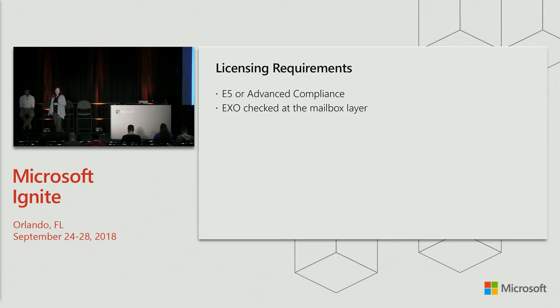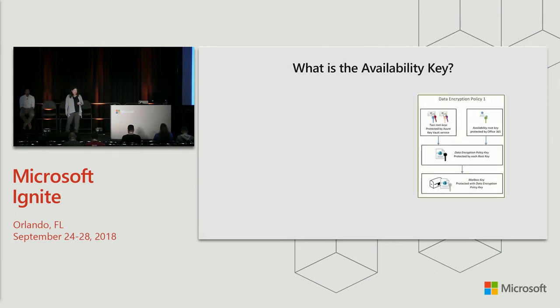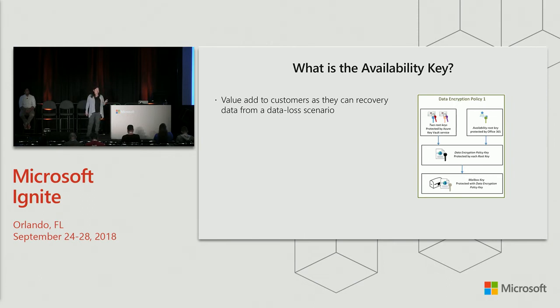I get a lot of questions about this availability key thing, so let me address this. It's a value add to our customers, so they can recover from a data loss scenario. As I said before, we have 2 Azure Key Vault keys per data encryption policy. We also have this thing called an availability key.